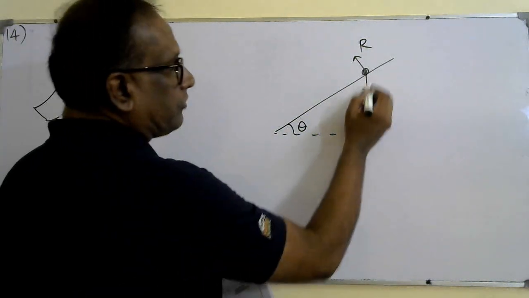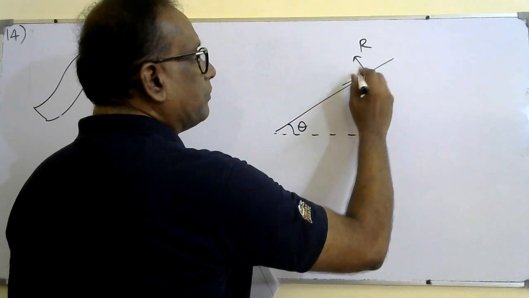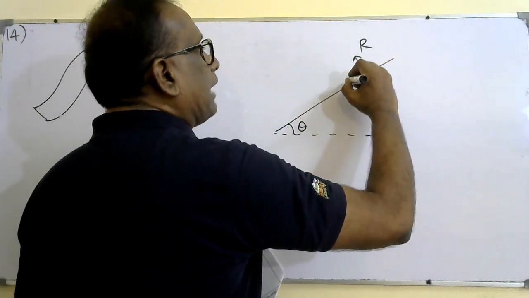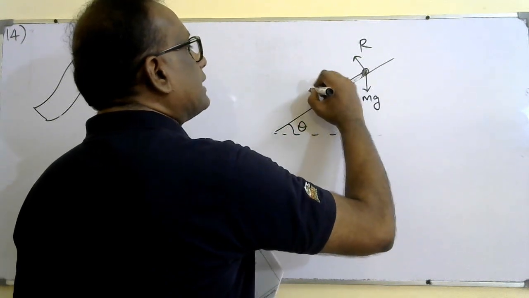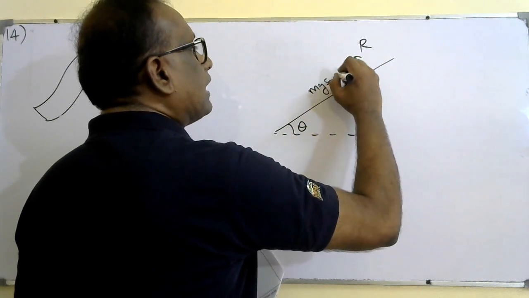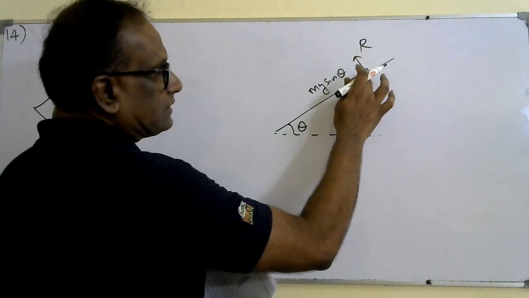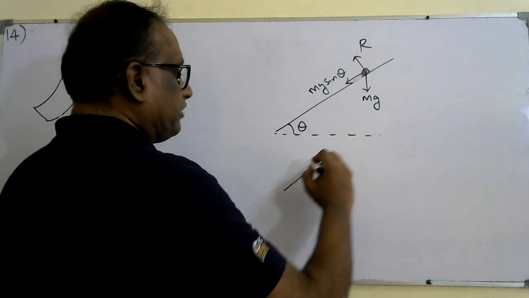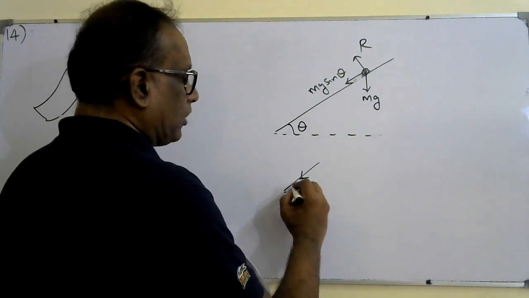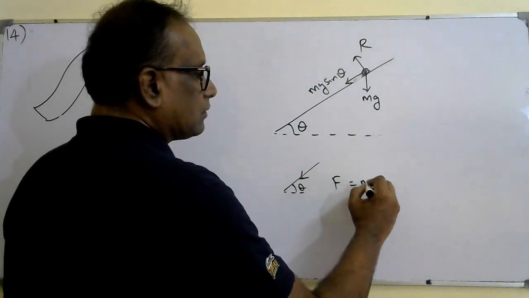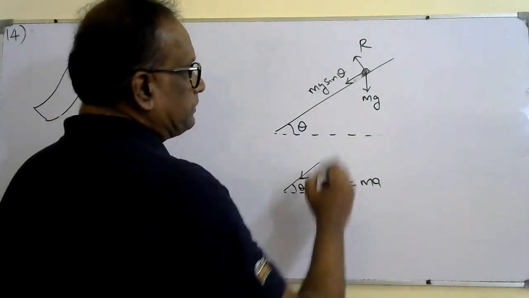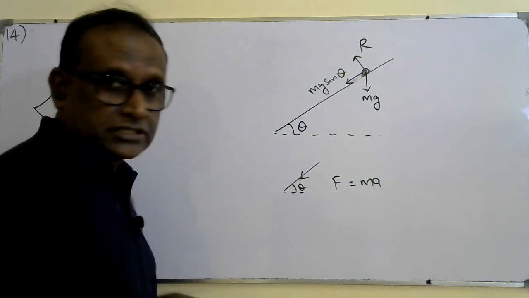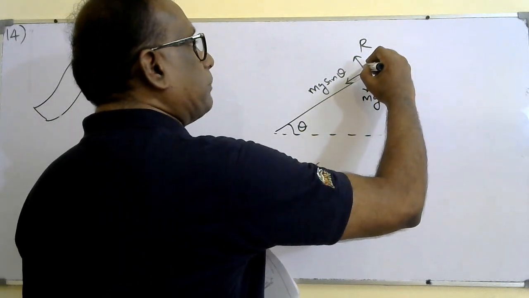The component of the weight along the slope down, when you resolve this weight along the slope, will be mg sine theta. Remember that. If there is no friction, when it moves along the slope down, I use F equals ma along the slope down. F is equal to mg sine theta, because the normal reaction won't have any component along the slope, as it is perpendicular to the slope.